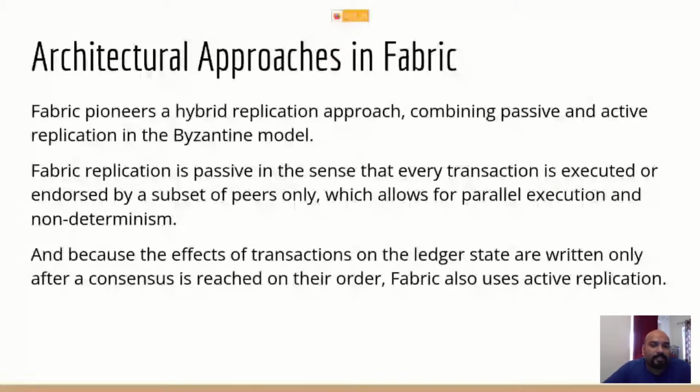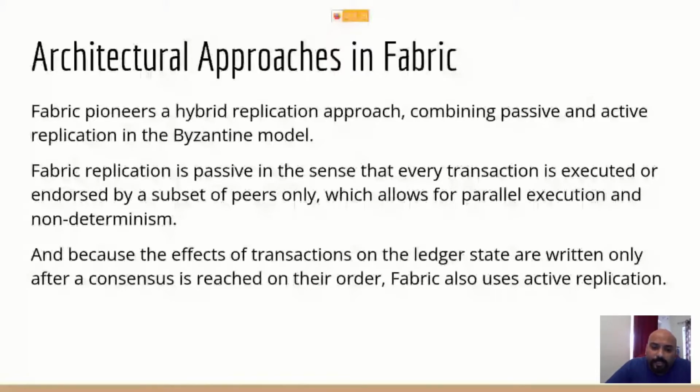How is it passive? It is passive in the sense that every transaction is executed or endorsed by a subset of peers, not by all the peers. And these peers can do this concurrently, or in a parallel execution manner, without getting into a race condition.